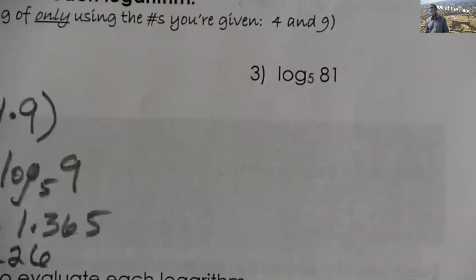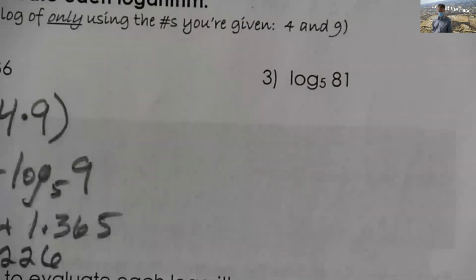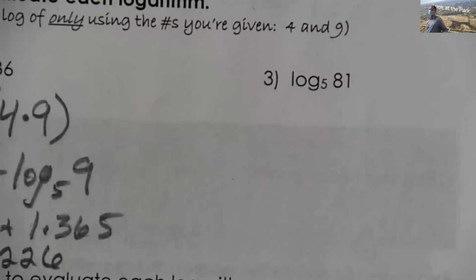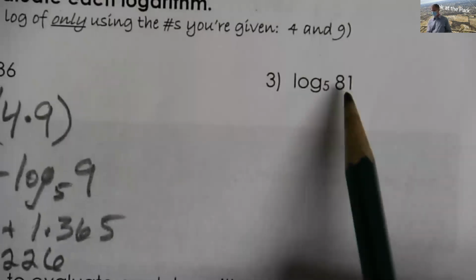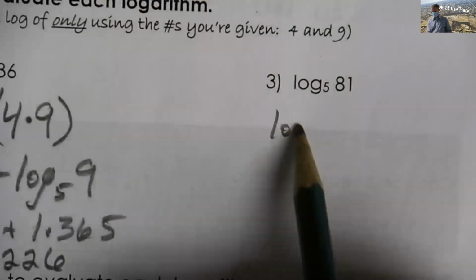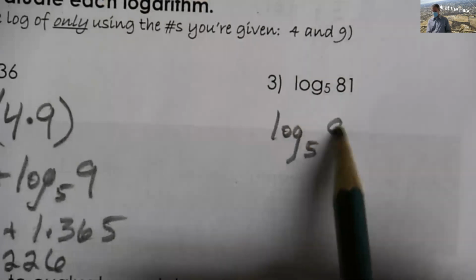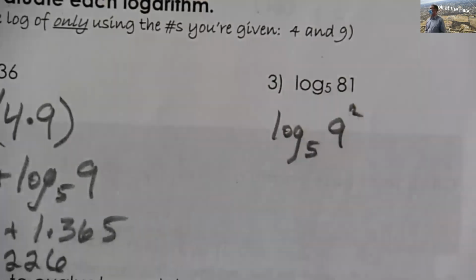Now think about this one. How could we use 9s and or 4s? Well, I know that 81 is 9 squared. So you don't have to use the 4.